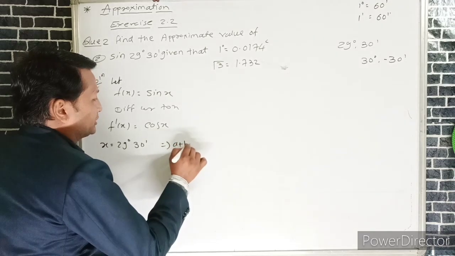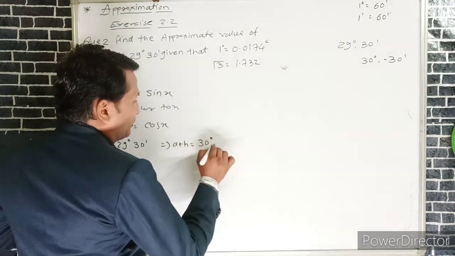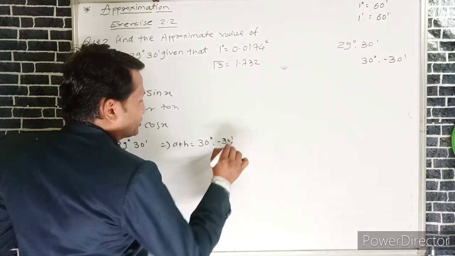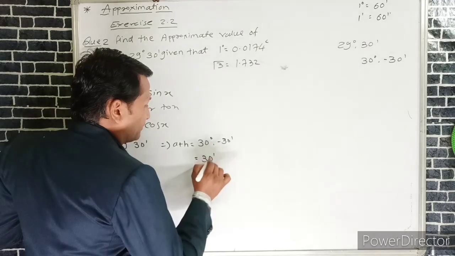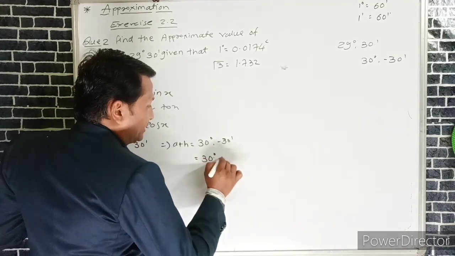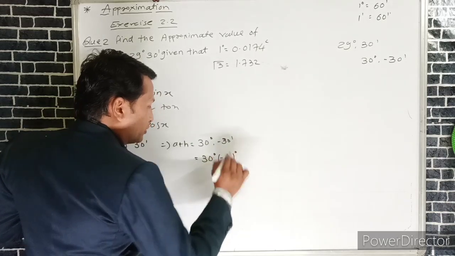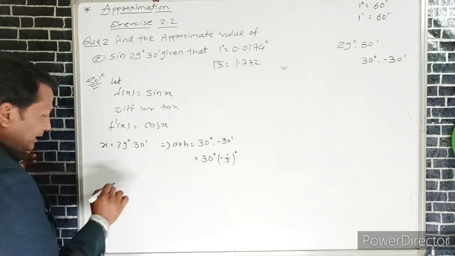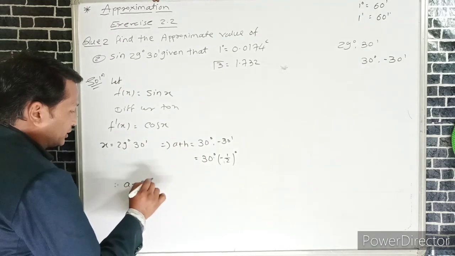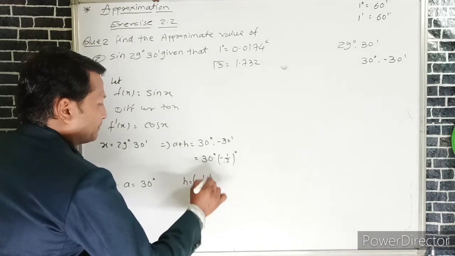We can write a plus h is equal to 30 degree minus 30 minutes, or 30 degree minus 1/2 degree. Therefore a is equal to 30 degree and h is a very small increment, which is 1/2 degree.